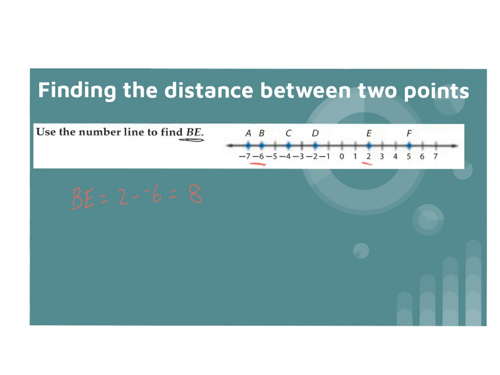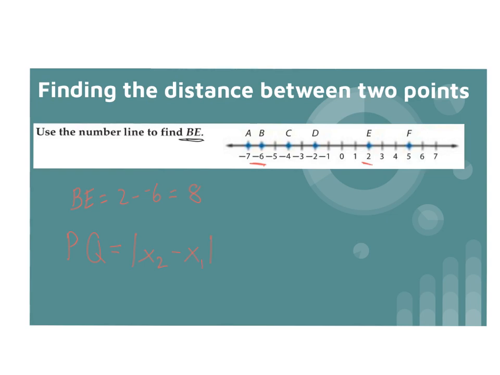So if we have 2 points, P and Q, their distance is going to equal the absolute value of x2 minus x1.